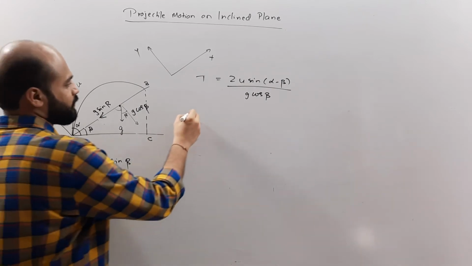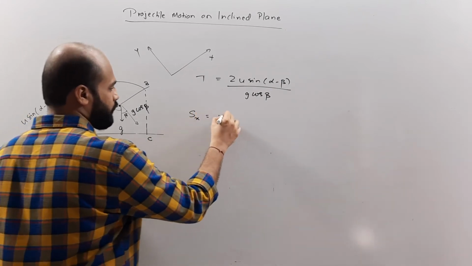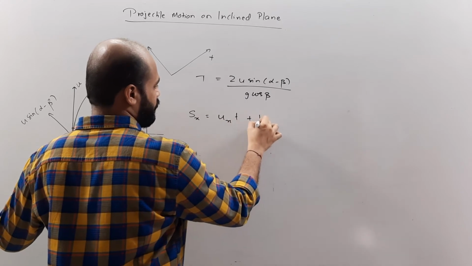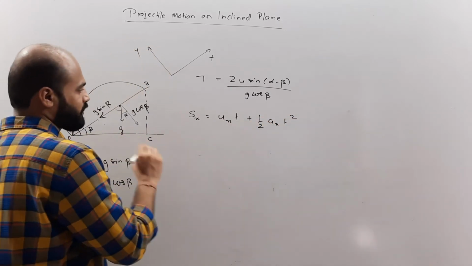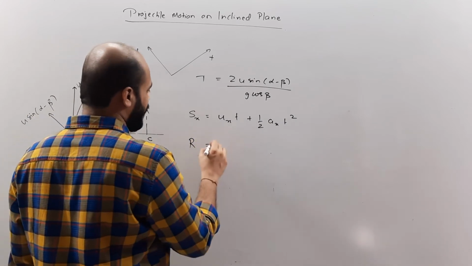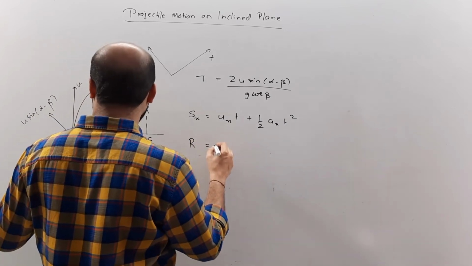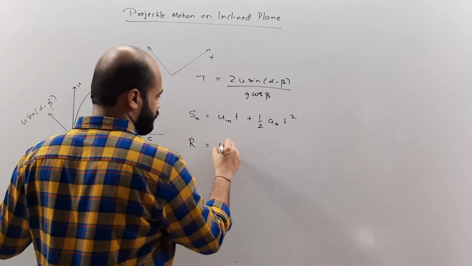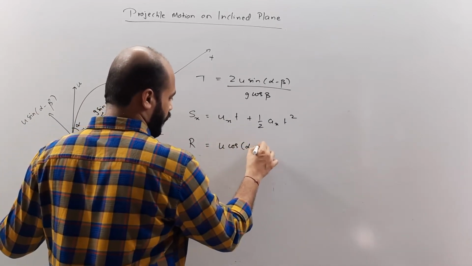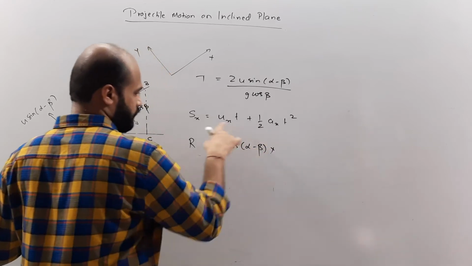So Sx is going to be uxt plus half axt square. So Sx is the range. Ux we know, Ux I wrote it actually as u cos alpha minus beta into t.